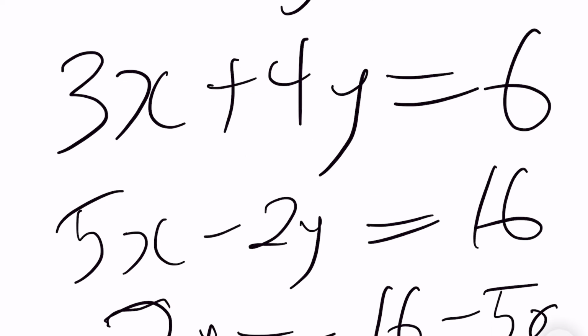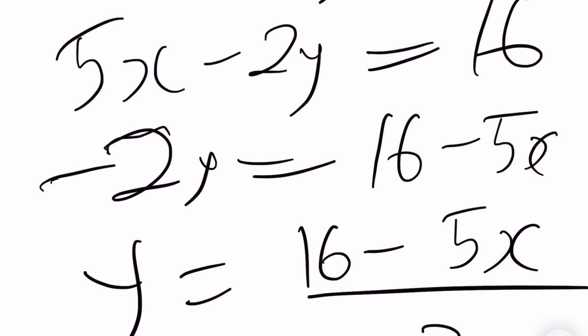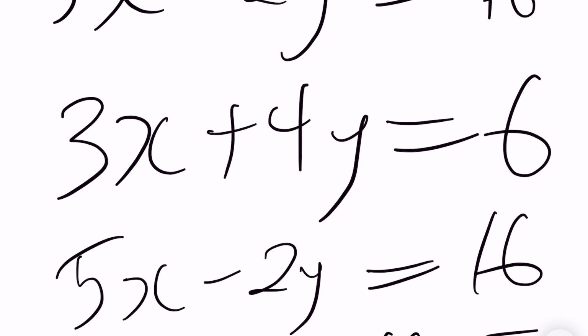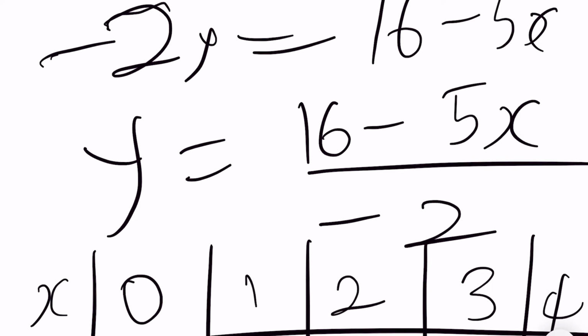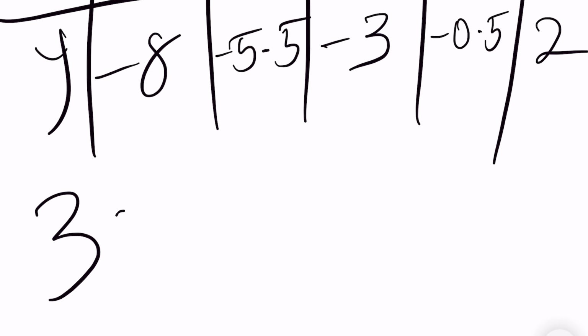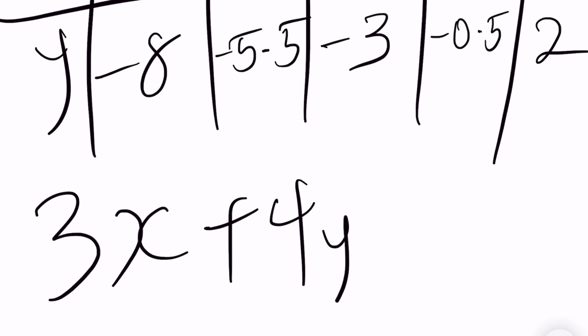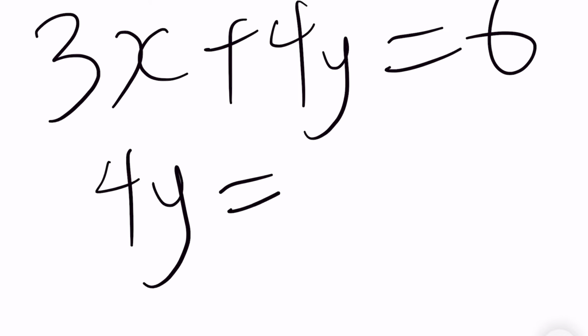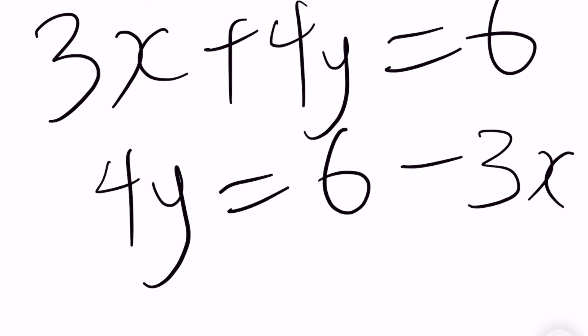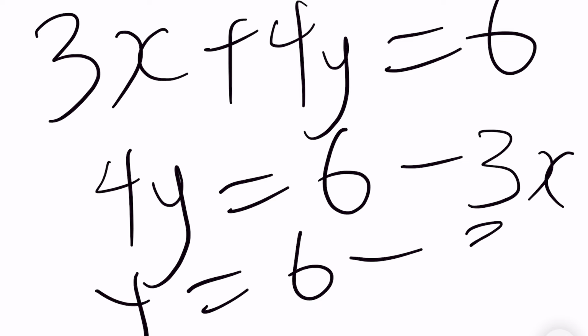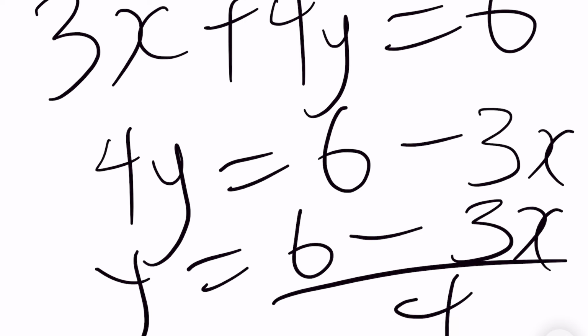And for the next equation, we have 3x plus 4y equals to 6. So we have 4y to be equals to 6 minus 3x. Our y is 6 minus 3x over 4. So we have our x and y.